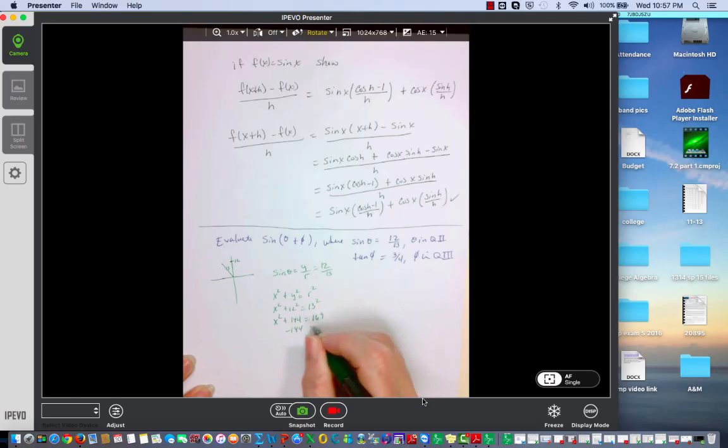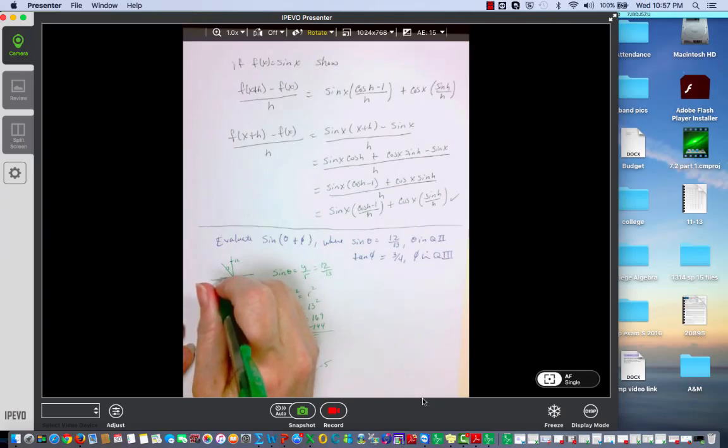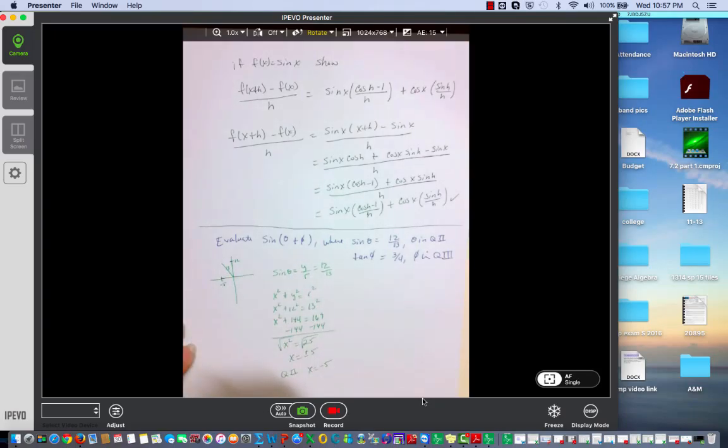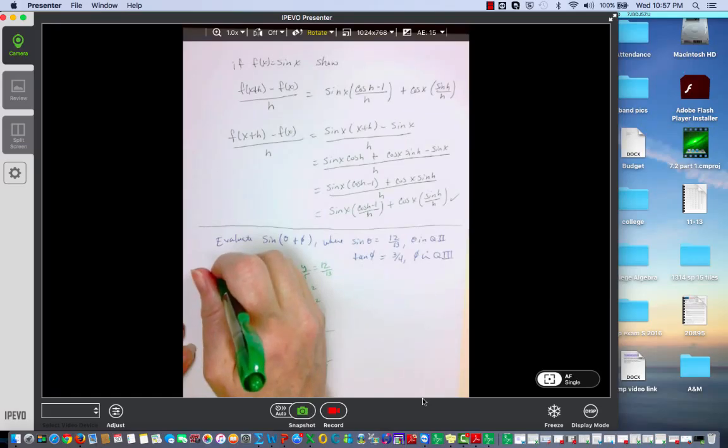Subtract 144 over, and we get x squared is equal to 25. Taking the square root of both sides, x is equal to plus or minus 5. What quadrant are we in? We're in quadrant 2, and quadrant 2 makes x negative. So x will be equal to negative 5.